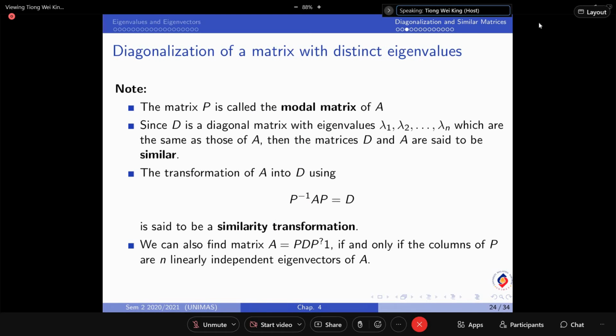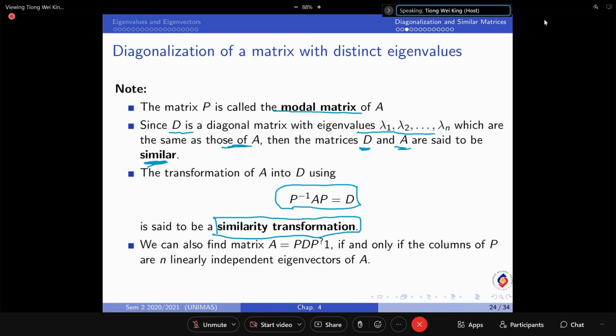Now here the matrix P is called the modal matrix of A. Since D is a diagonal matrix where the eigenvalues are the same as those of A, the matrices D and A are called similar. This transformation is called the similarity transformation.